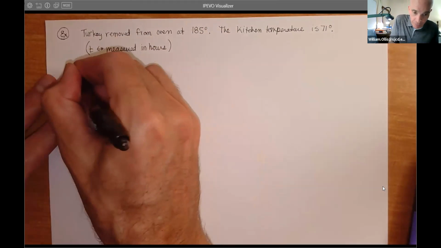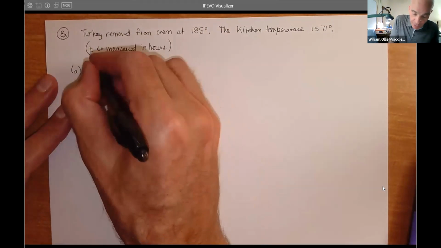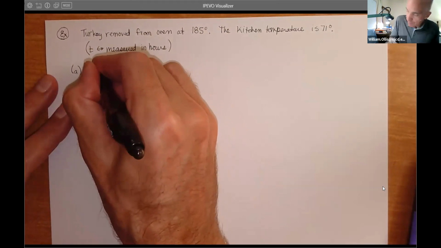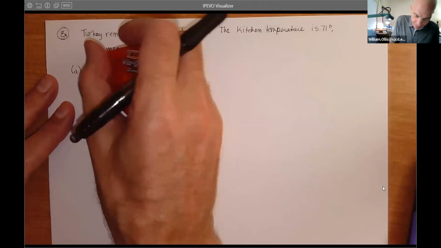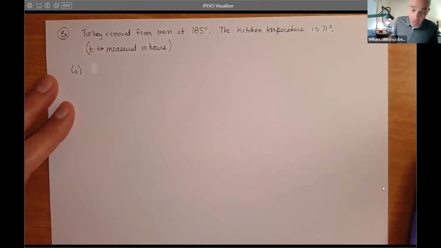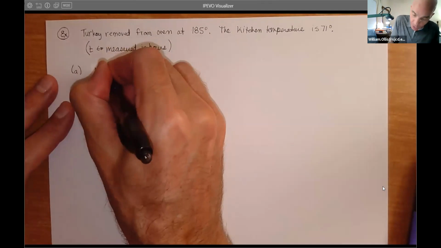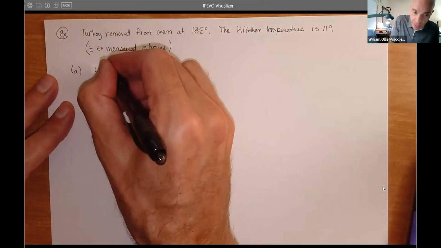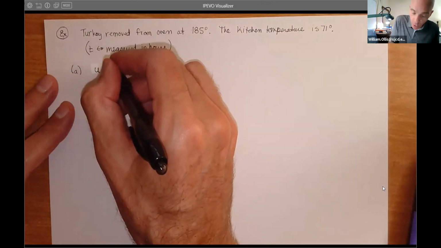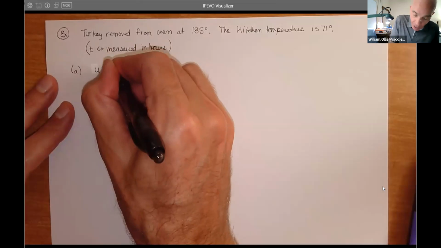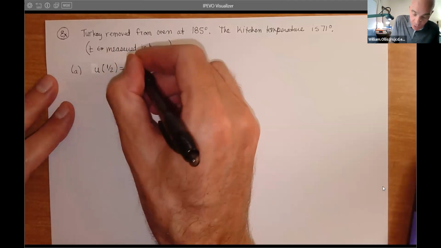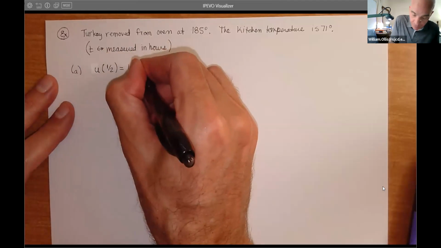So for A, we're given that after 1/2 hour, and let me use the notation that I gave you, U of t is the temperature of the turkey. So after 1/2 hour, the turkey temperature is 150 degrees.